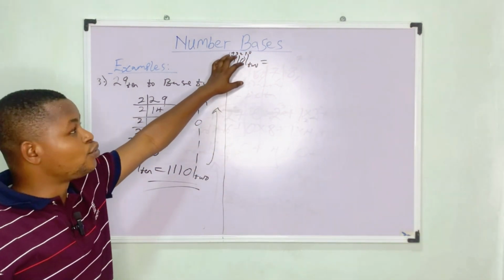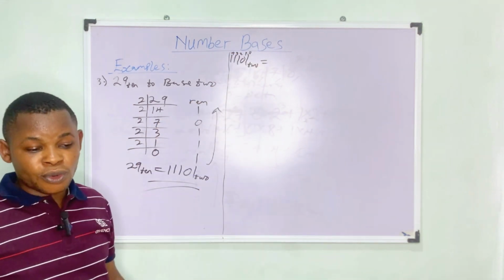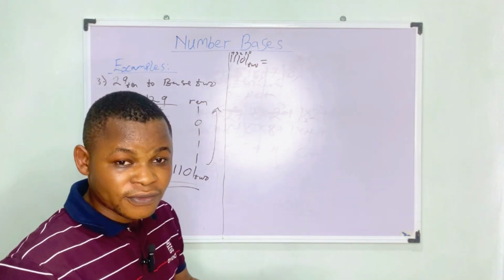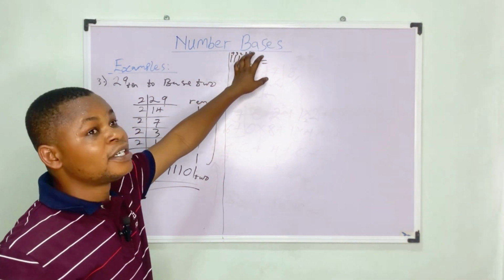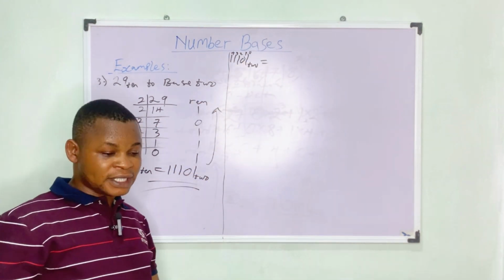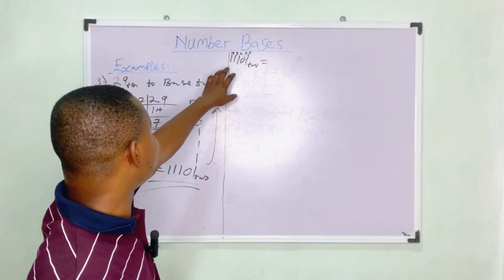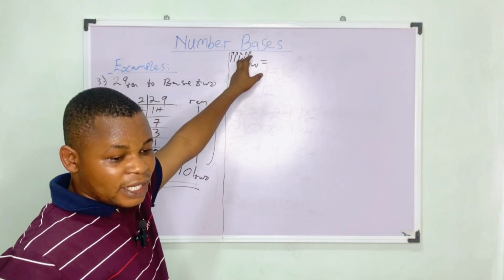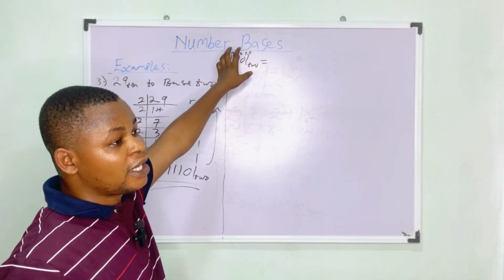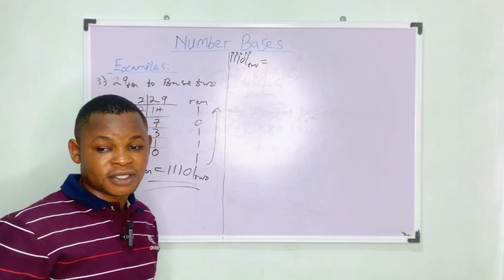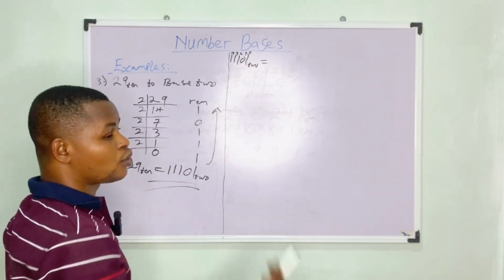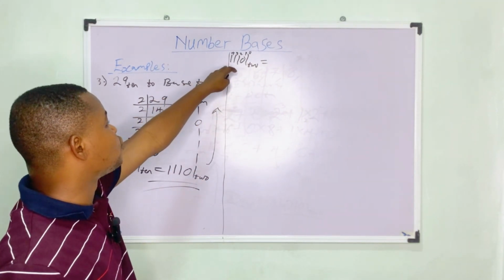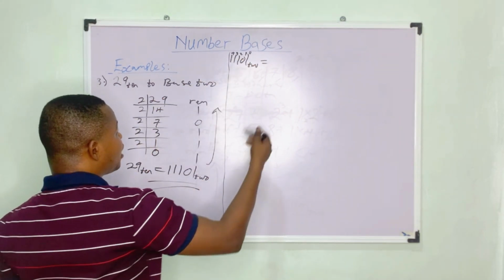It's not compulsory that you do all this. So far you know what you're doing and you are sure of yourself, you don't put it. This is just meant for clarity and basic understanding, so that you know what has gone wrong. What we did here is not magic or rocket science. That's the essence of putting it. So far you know what you're doing, you may decide not to put the power.